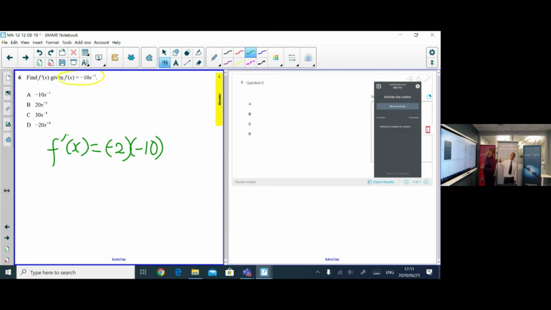We don't touch that one, we leave it there, and then x minus 2 minus 1. So we are always subtracting from the exponent. So these two coefficients multiplying will give us a positive 20, and then we have a -3 for the exponent. So your answer in this case was actually B.